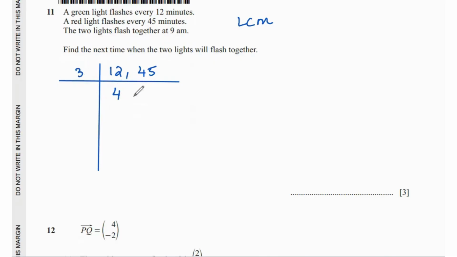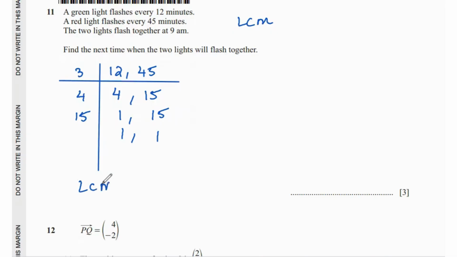So it's going to be 4, this is going to be 15. 12 divided by 3 is 4, 45 divided by 3 is 15. Now 4 and 15 don't come in the same times table. So 4 is just divided by 4, 15 comes as it is. And for 15, 15 is just divided by 15. So now you can see that both the numbers have been completely divided because we've reached 1, 1.